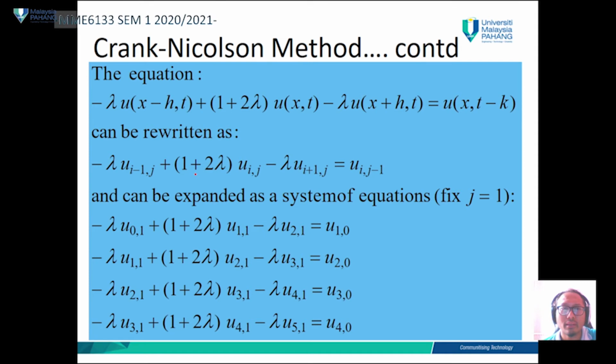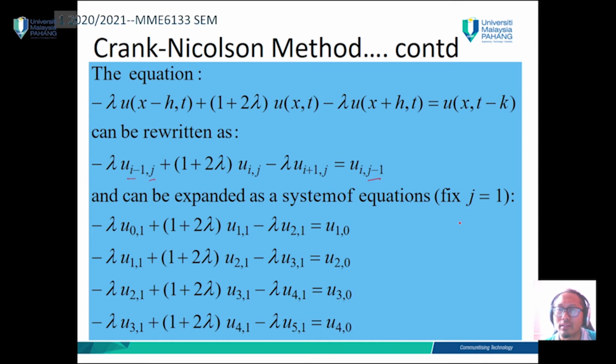The equation can be rewritten as minus lambda u(i minus 1, j) plus 1 plus 2 lambda u(i,j) minus lambda u(i plus 1, j) equal to u(i, j minus 1), where i is for the space and j is for the time. We can expand this as a system of equations where we fix j equal to 1.